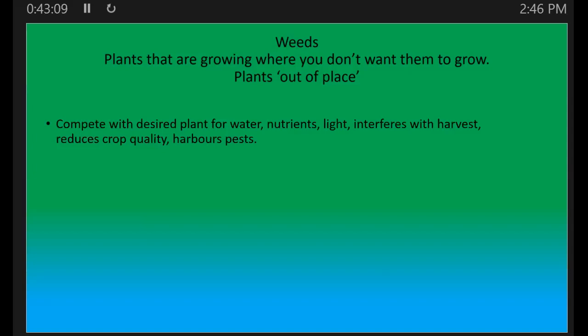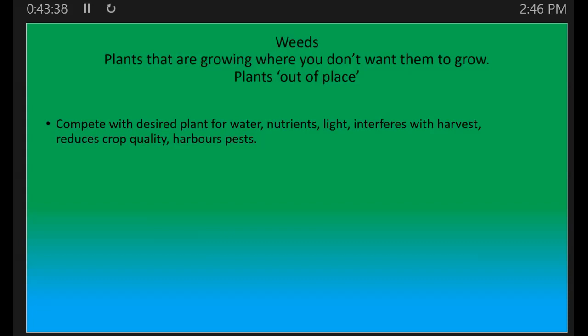But basically, when you define what a weed is, it's plants that are growing where you don't want them to grow. A short way to say that is it's plants that are out of place. The reason we don't want certain plants growing in our field, if we're trying to grow corn, even if it's soybean, we don't want soybean there, is that they're going to be competing for soil, nutrients, water, and light.